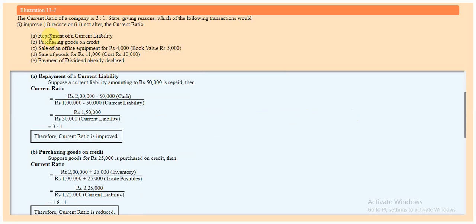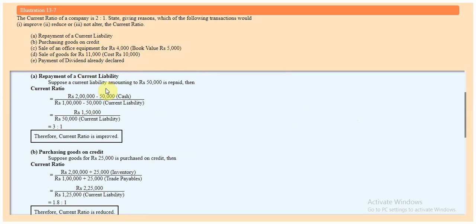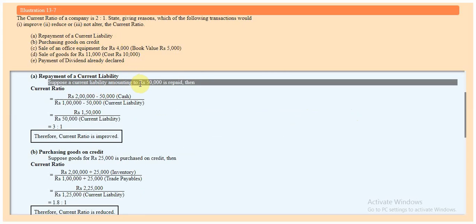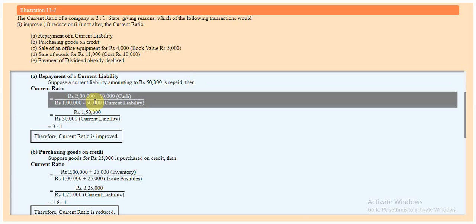So the first case is repayment of a current liability. Suppose a current liability amounting to rupees 50,000 is repaid. Then what will happen to the current ratio? Current assets have to be reduced by 50,000 because cash will be going out. So there will be a reduction in current assets.